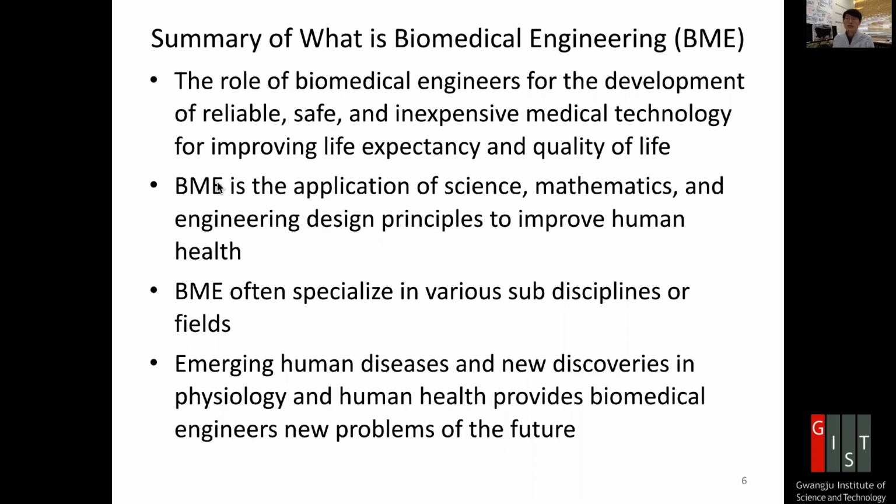Biomedical engineering, or medical engineering, is the application of science, mathematics, and engineering design principles, ultimately to improve our human health. And biomedical engineering often specializes in various sub-disciplines or fields. So whatever your background is, you can contribute as a biomedical engineer to solve the ultimate problem.